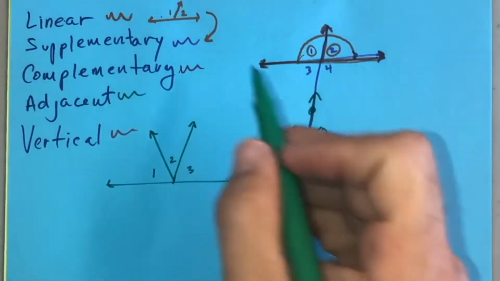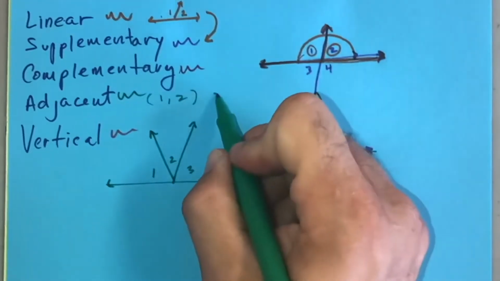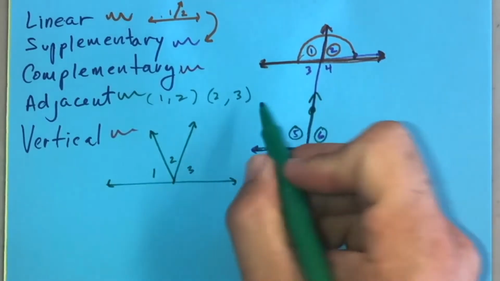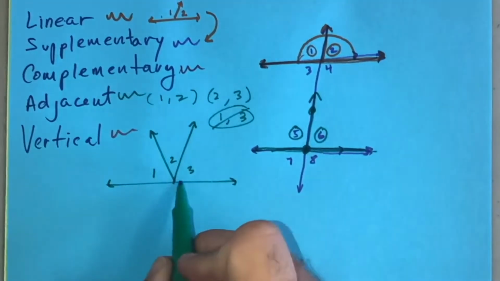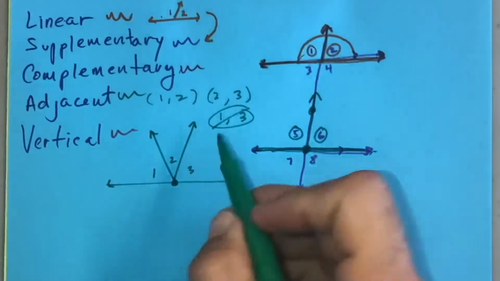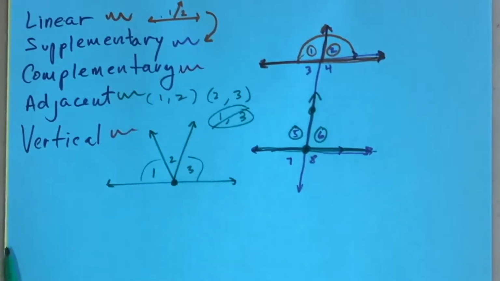I could say 2 and 3 are adjacent, but I could not say 1 and 3. That would be incorrect, because yes, they share a common vertex, but they do not share a common side. So we would say these are non-adjacent. So that's a little idea about adjacent.